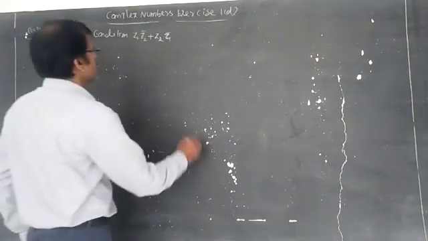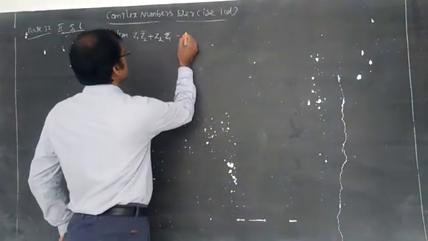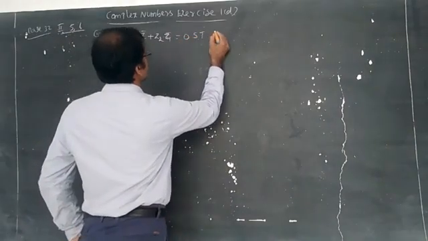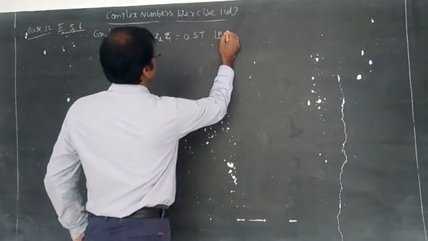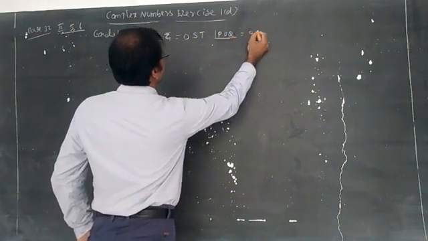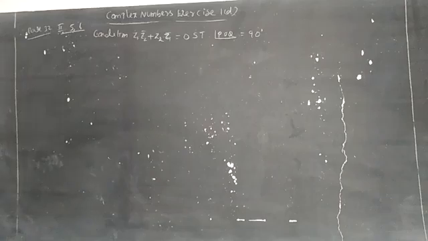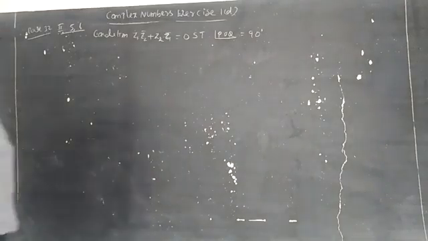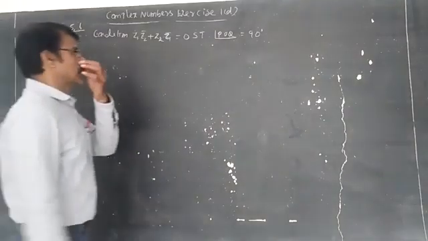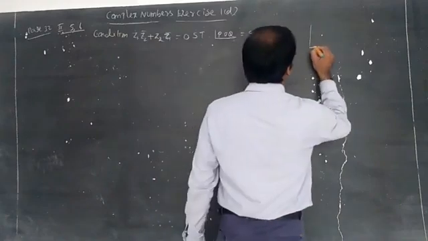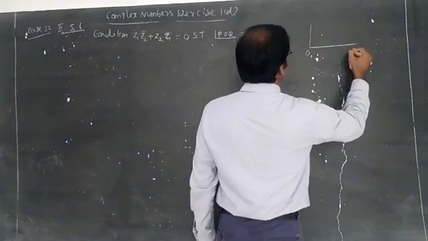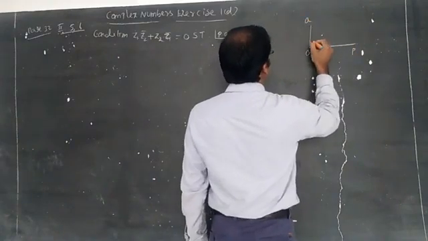P, Q are the points representing the complex numbers Z1 and Z2 in the Argand diagram. So let us draw the diagram. Put here O, this is P, this is Q. We need to show POQ is 90 degrees.